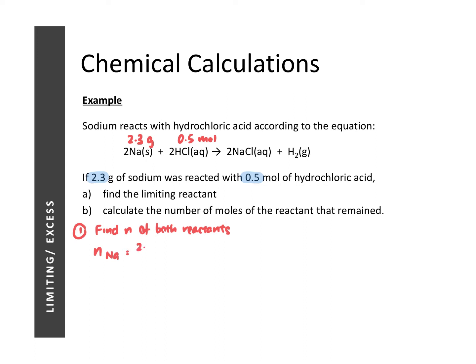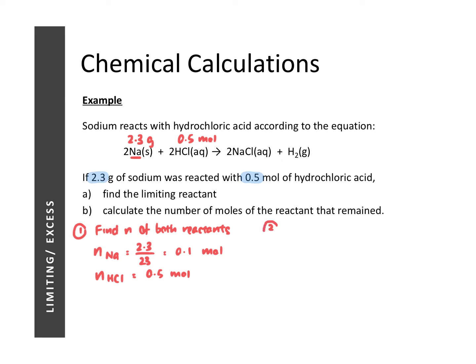By now, I hope you are already very familiar that given mass, we have to divide by molar mass to find the number of moles of a particular substance. Once again, when you find the molar mass of a substance, we do not consider the coefficient, meaning the big number in front of the substance. The number of moles of hydrochloric acid is already given in the question, so there's no need for us to find it. So we have completed step 1, which is to find the number of moles of both reactants.